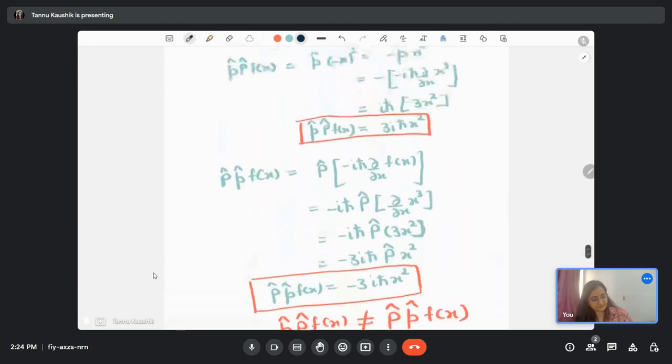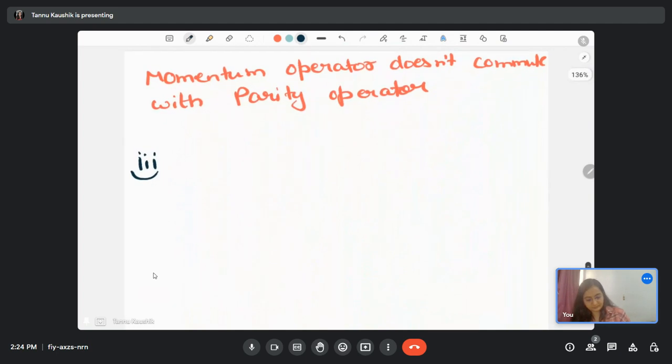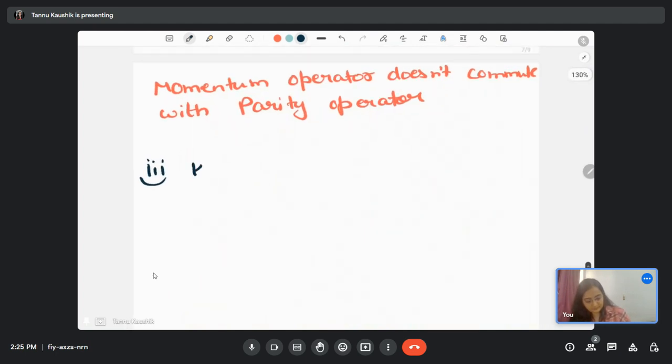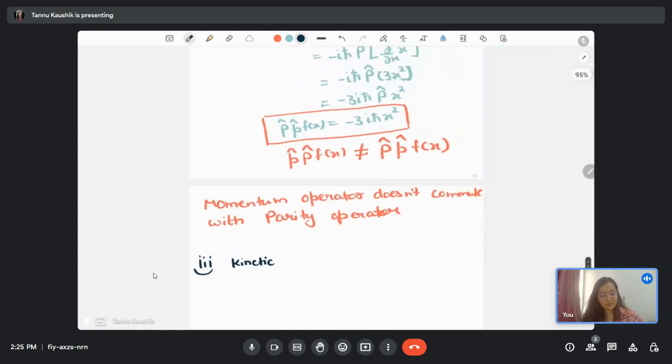We can also check whether the kinetic energy operator commutes with the parity operator or not. So let us check. As you can see, we got a minus sign here for this momentum operator.